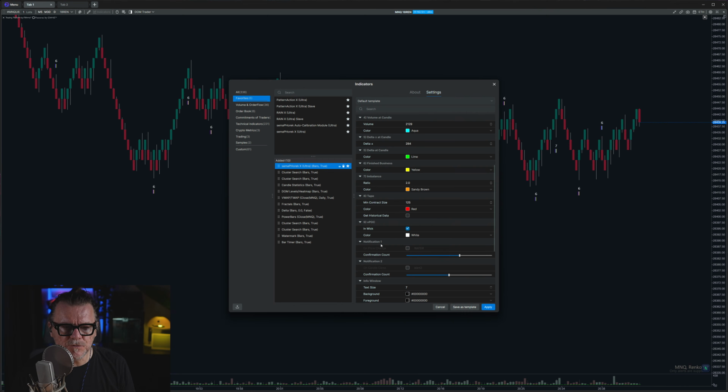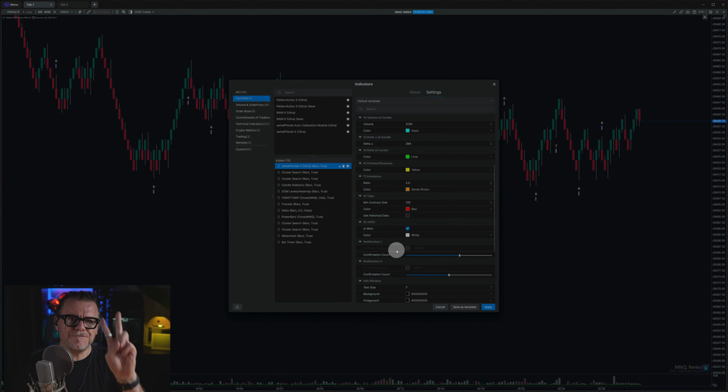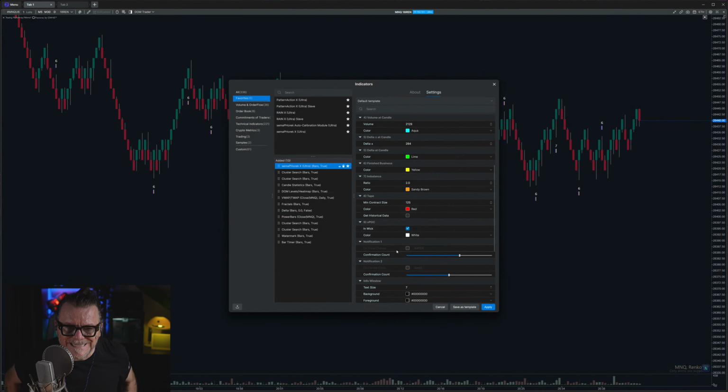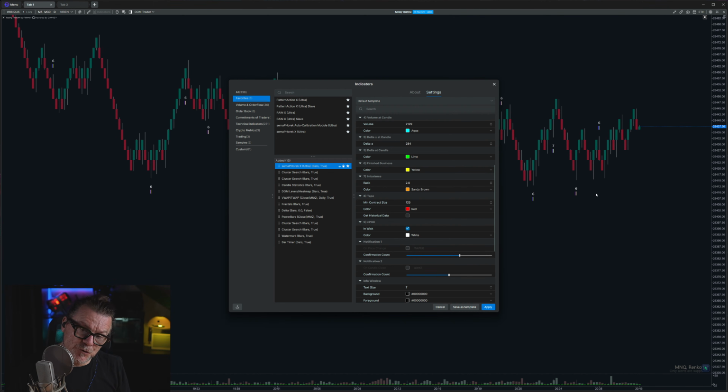Confirmation count, these are notifications, because there are two notifications. You can get notified either during the creation of the candle, prior to closing the candle, because I mentioned that it's not easy to enter properly, because you don't know when the candle closes. So you see the development of the candle.